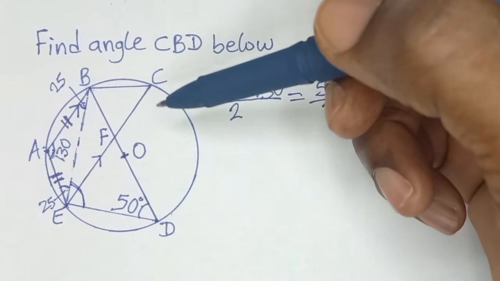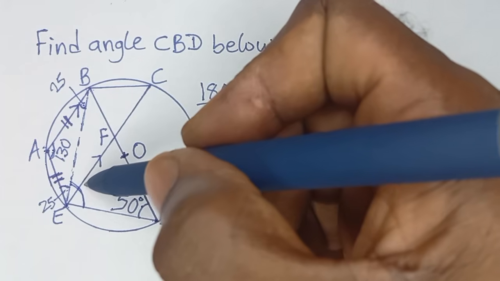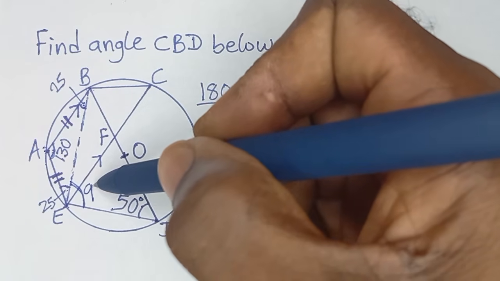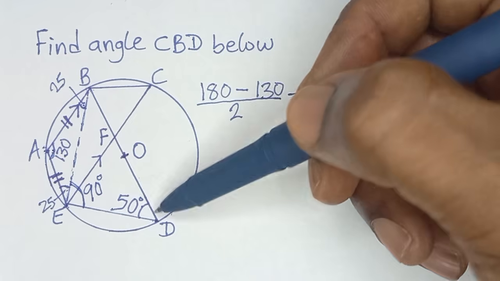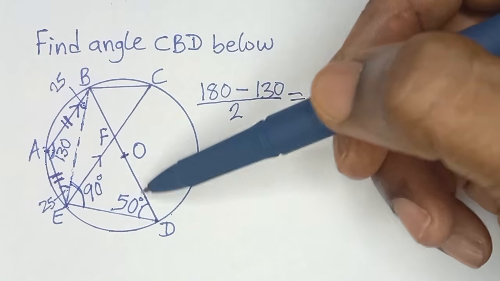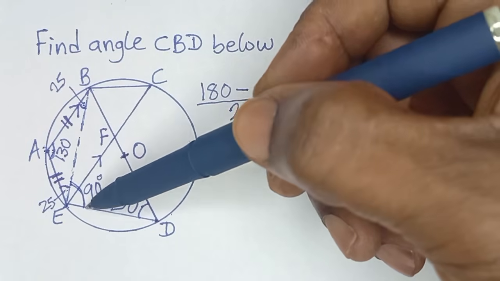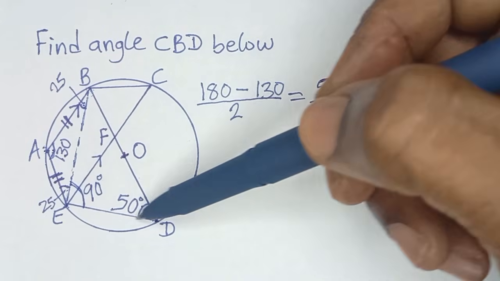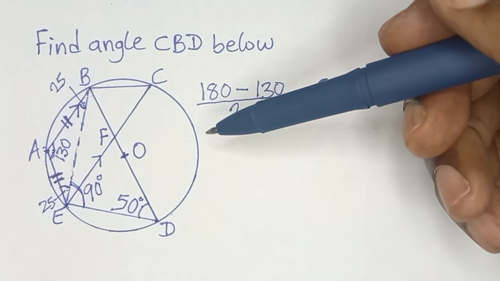So what should come to your mind is that the whole of this angle is 90 degrees, because the theorem is that angle in a semicircle is a right angle. Right angle means 90 degrees. So any angle that faces the diameter line in a circle is always 90 degrees inside the triangle that the diameter line forms. So take note of that rule.